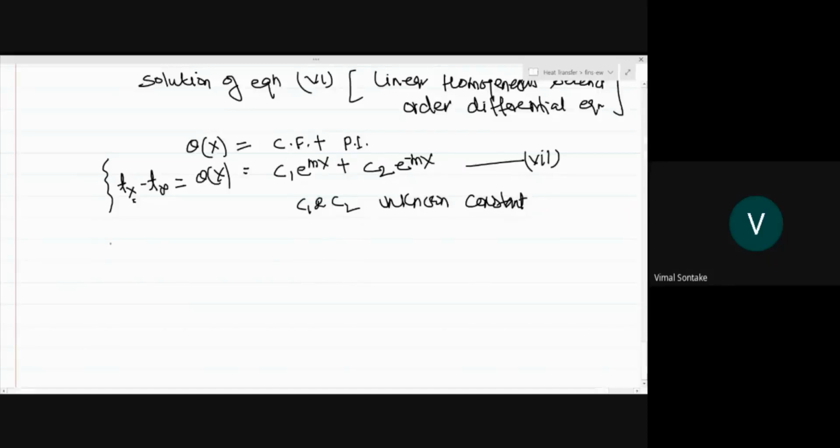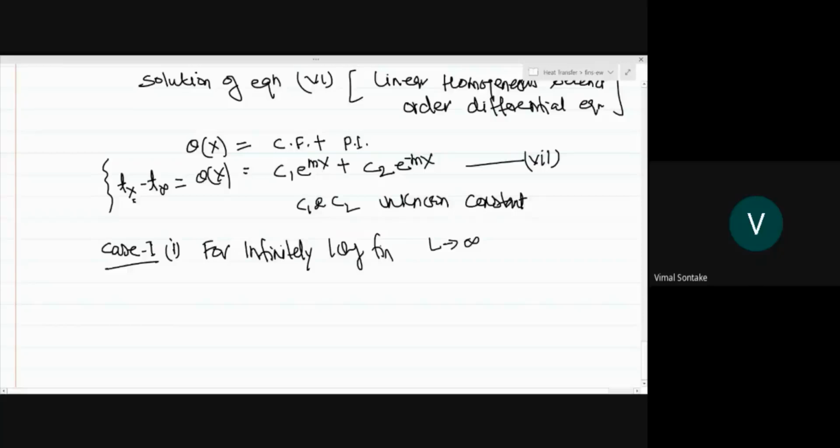That derivation is in a different sheet, I will make it available to you. So for an infinitely long fin, that is when its length tends to infinity.